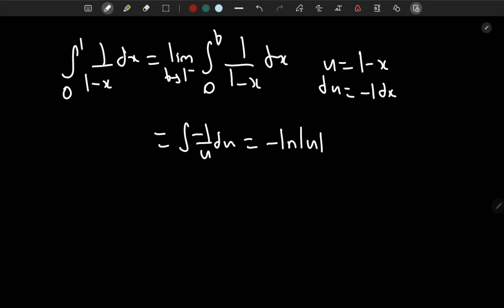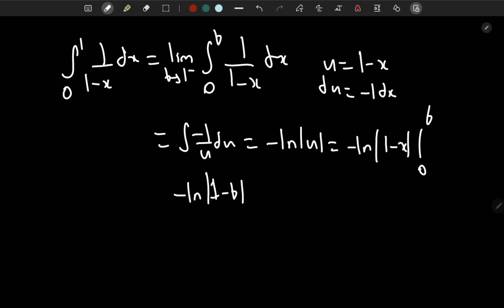First let's substitute u as what we have before, so minus ln of 1 minus x, absolute values, from 0 to b. So now let's plug in the variables. So it's going to be minus ln 1 minus b, and please note that the lines are also absolute values.